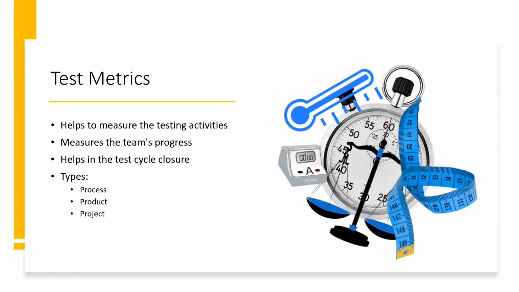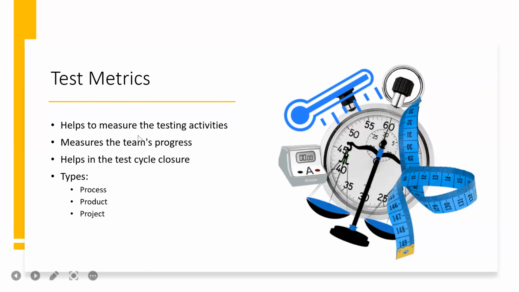So at the end of your STLC, at the time of the closure of the testing cycle, you will be preparing the metrics and giving it to the product owner, so that he will know this is what happened in the first cycle, and this is what happened in the second cycle. We are having so many bugs, so many test cases, these many are executed, so many failures.